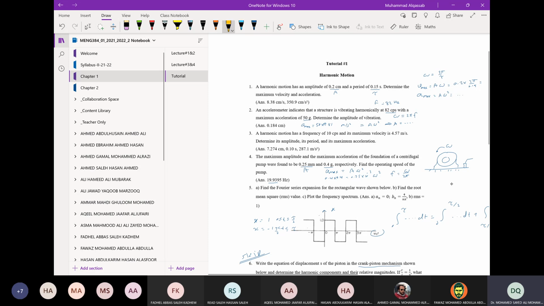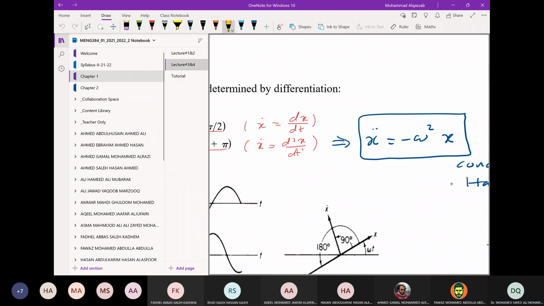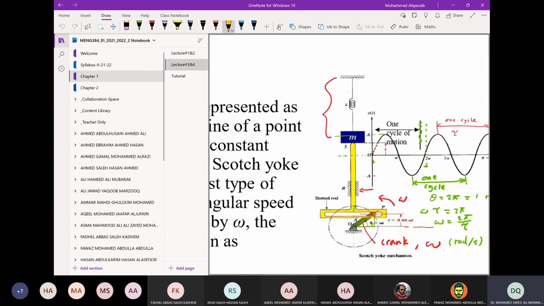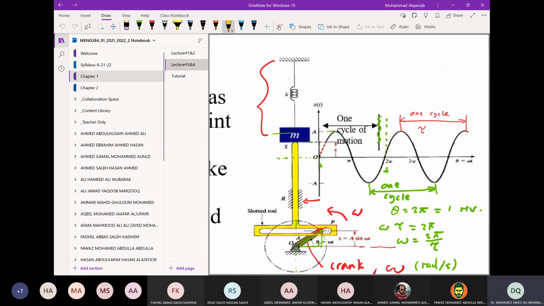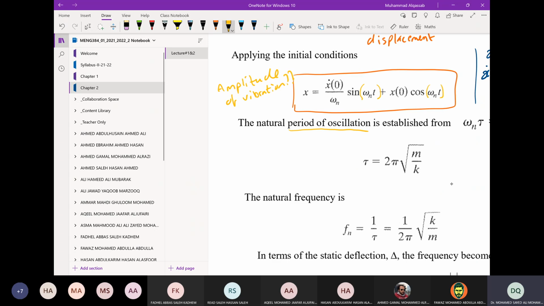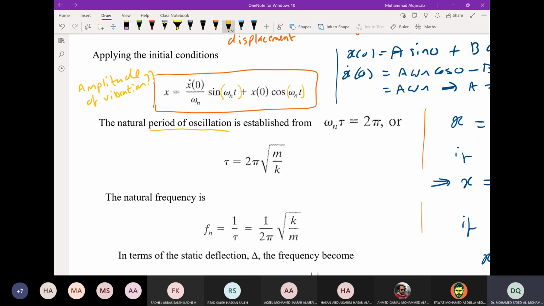The spring mass system will oscillate with a frequency or period of oscillation, and that period of oscillation is the time to complete one cycle. We talked about this before, and it is applicable here.